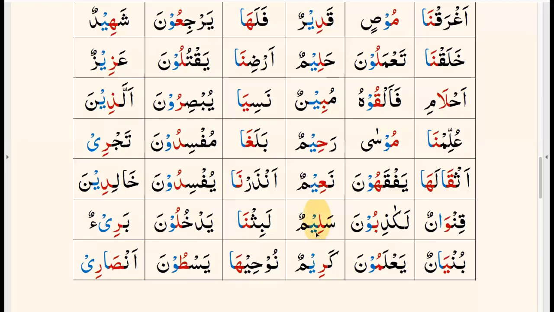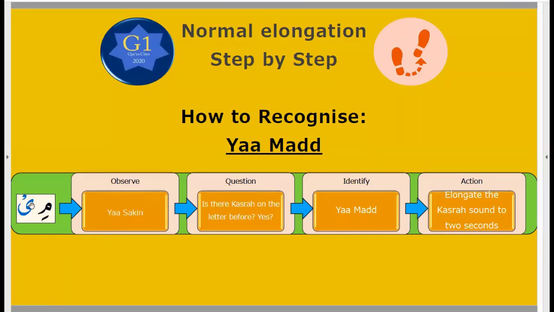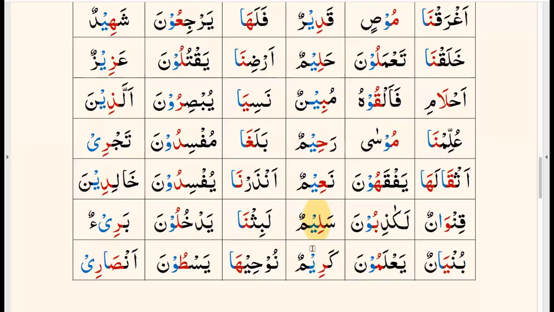So this is known as a ya madda. Just to remind everybody, if there is a ya sakin, a ya with a sukoon, and the letter before it has a kasra, yes, it is known as a ya madda.